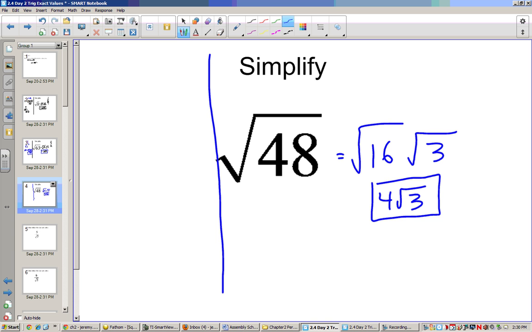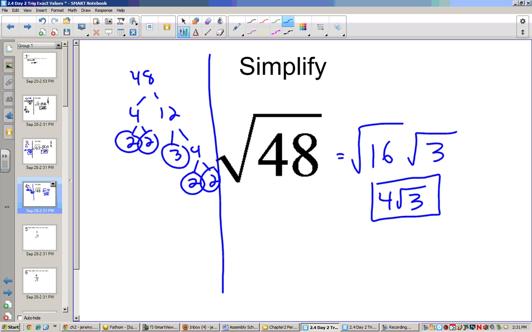Now if you like method number 2, you could pick any number that divides evenly. So you could have just picked 4 and 12. And 4 is 2 times 2. We can circle our prime factors. And this would be 3 and 4, which goes off to 2 and 2.